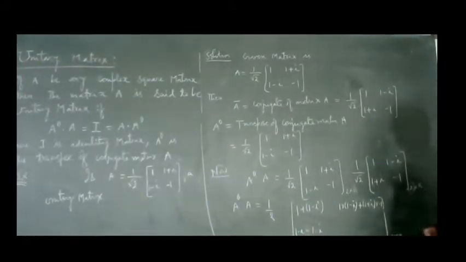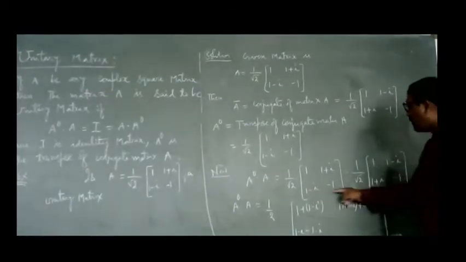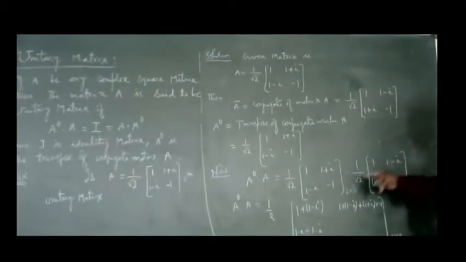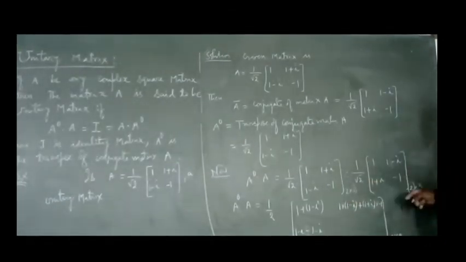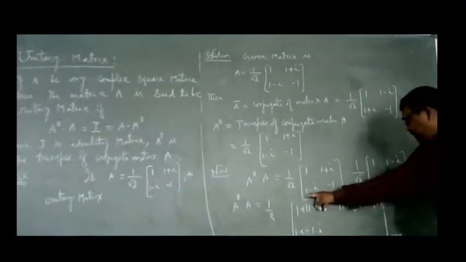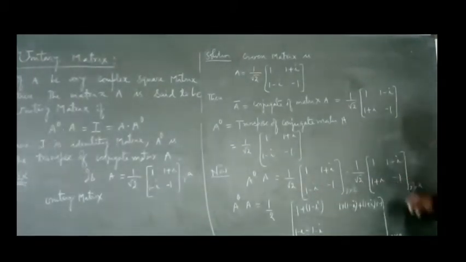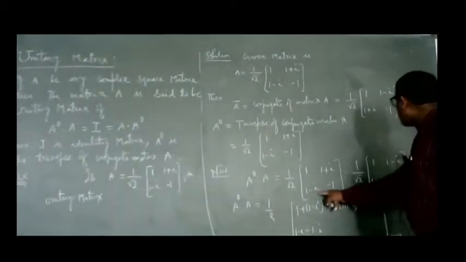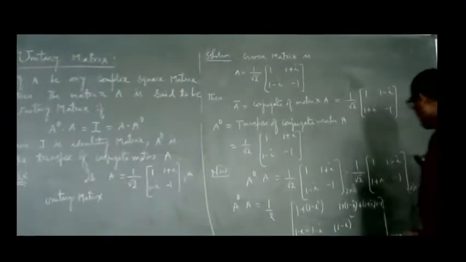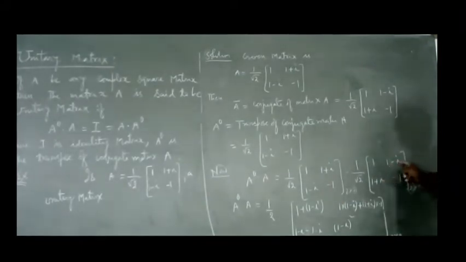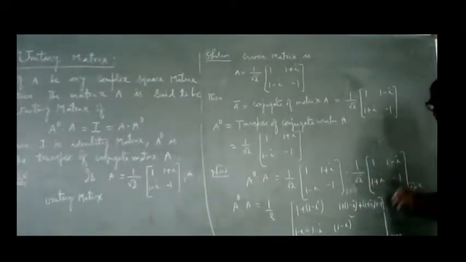And the second row of the pre-multiplier matrix is going to multiply with the second column of the post-multiplier. So when we multiply this, you will find here 1 minus i whole squared, and minus 1 squared is plus 1.